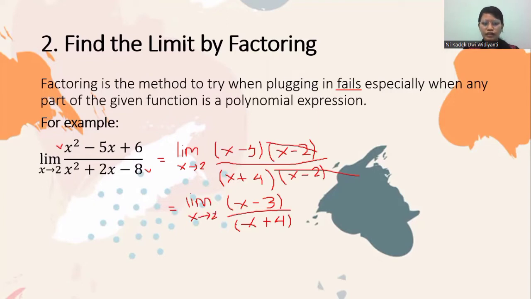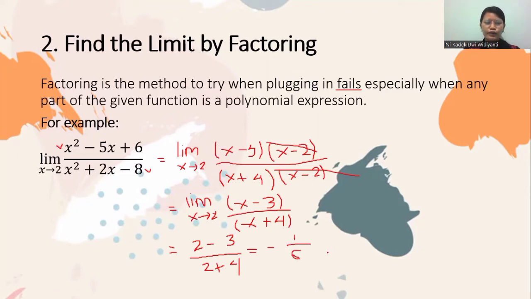So when we get a function like this, we can use direct substitution. We substitute 2 into this function, so we will get 2 minus 3 divided by 2 plus 4, which equals negative 1 divided by 6.